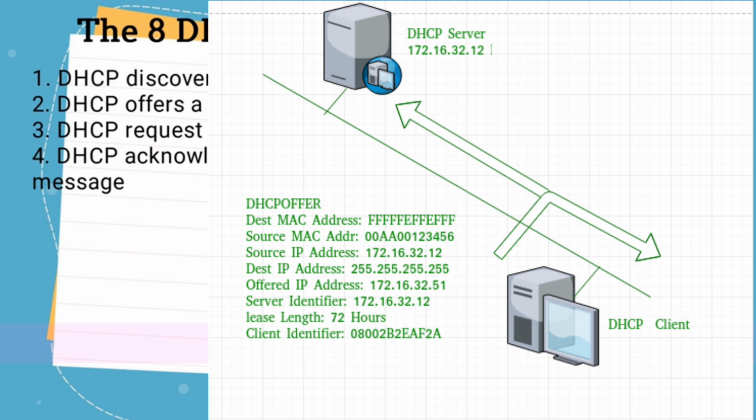The source MAC address is 00AA00122345 and the destination MAC address is 12 times F. Here, the offer message is broadcast by the DHCP server. Therefore, the destination IP address is the broadcast IP address and the destination MAC address is 12 times F. And the source IP address is the server IP address, and the MAC address is the server MAC address.